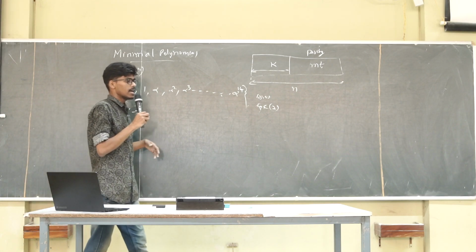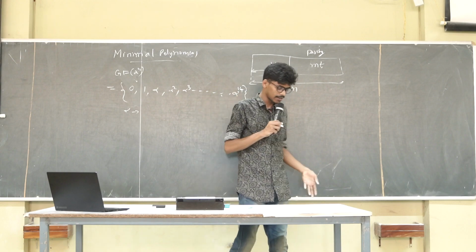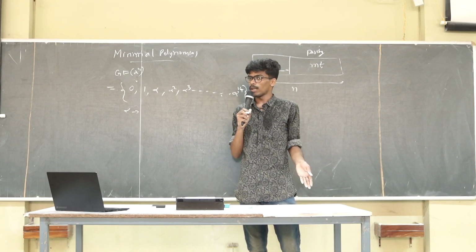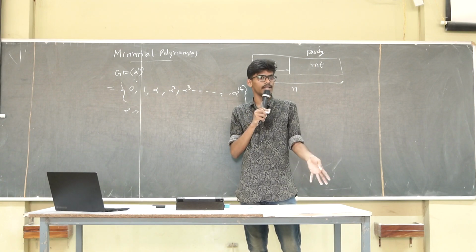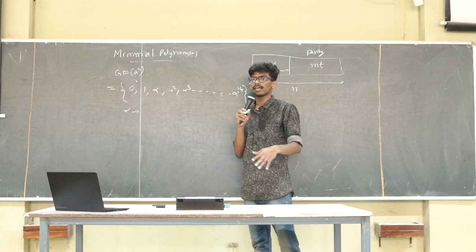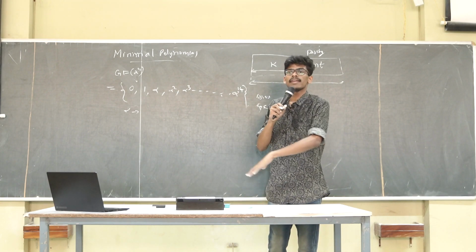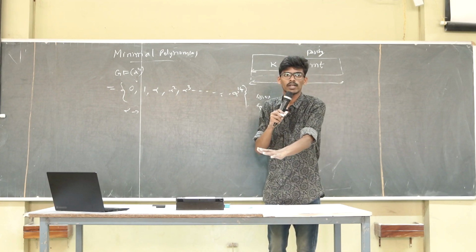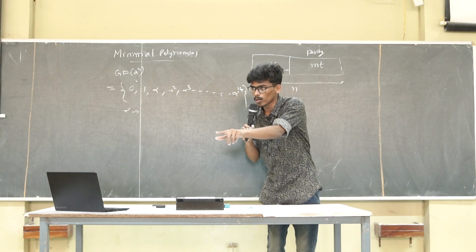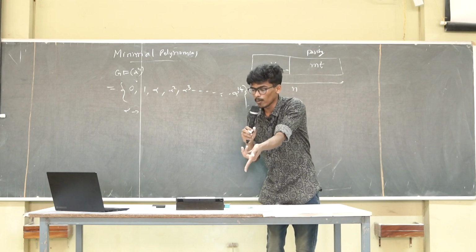I told you there are two types of polynomials, primitive polynomial and minimal polynomial. Primitive polynomial is like your family name. For the entire GF(2^4), it can be represented using what? Primitive polynomial.